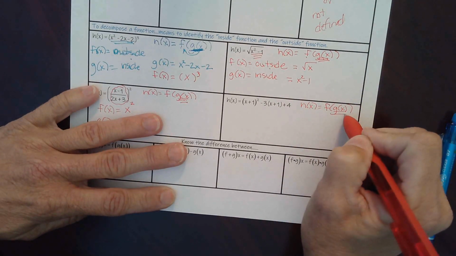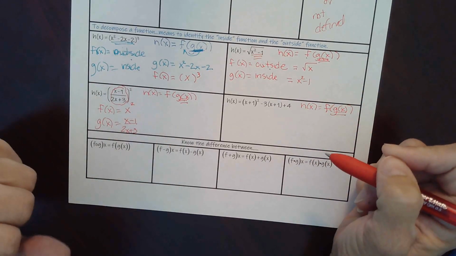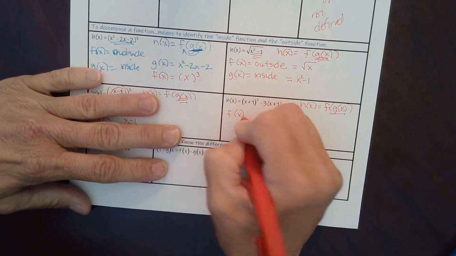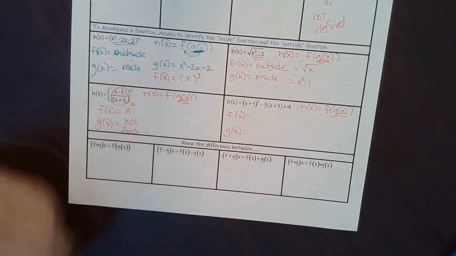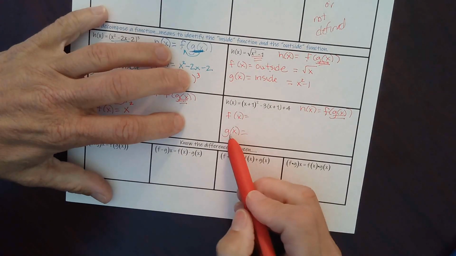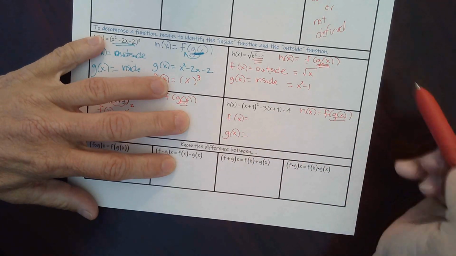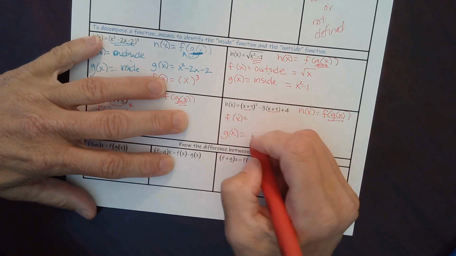So g, again, will be our inside function, and f will be our outside function. So f of x and g of x. What do you suppose is the g of x? What looks like it's being put into another function? And that would be your x plus 1.